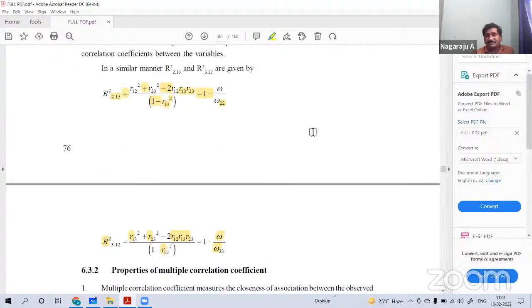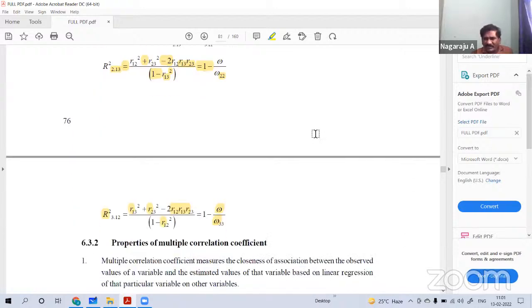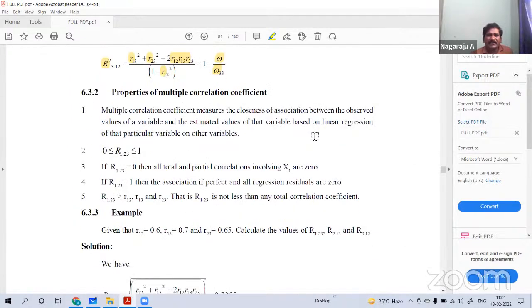Now the properties. In the examination, you will be given the values and you directly substitute them in the formulas. That is the only required answer. Properties of the multiple correlation: the correlation coefficient always lies between 0 and 1 only. Next, R1.23 equals R1 depending on 2, 3, it is 0, and R1.23 is also 1.